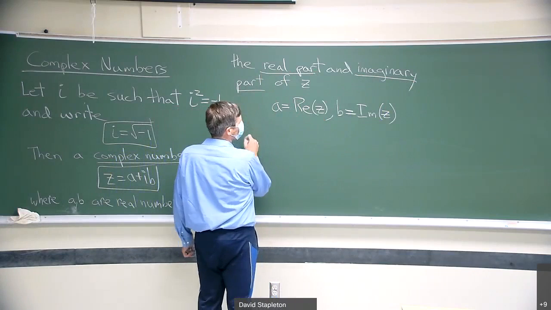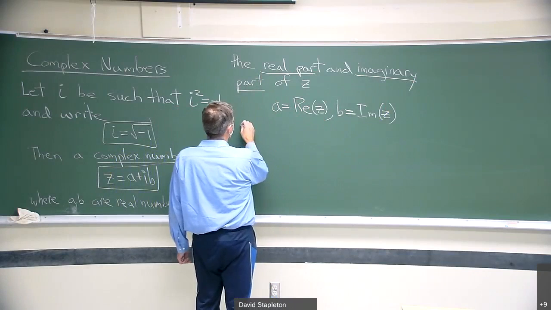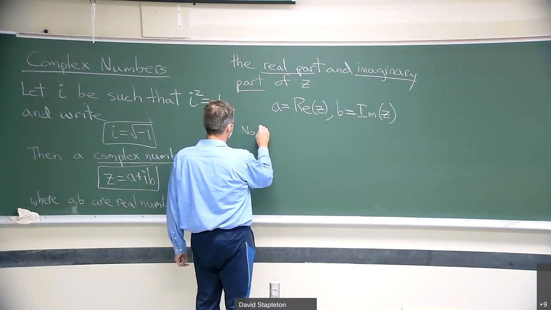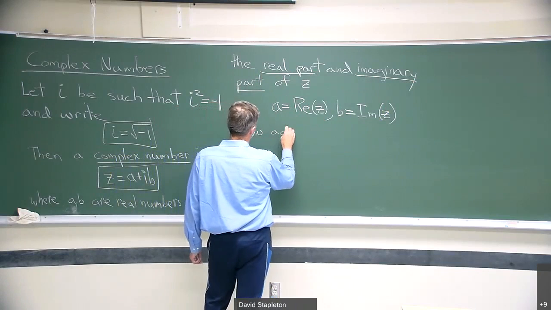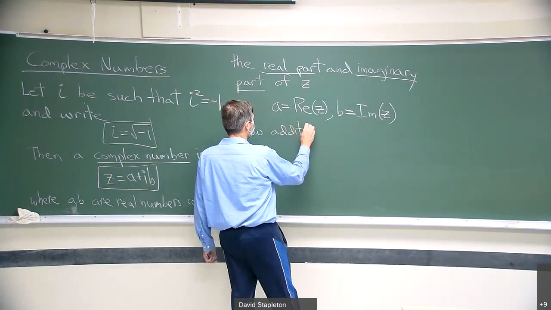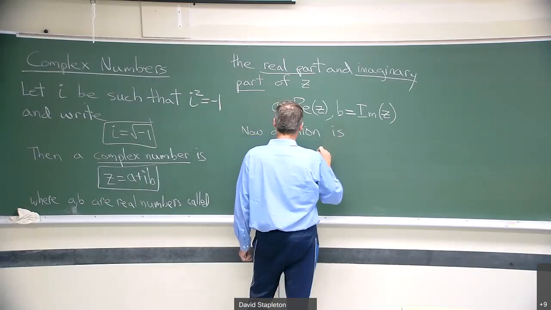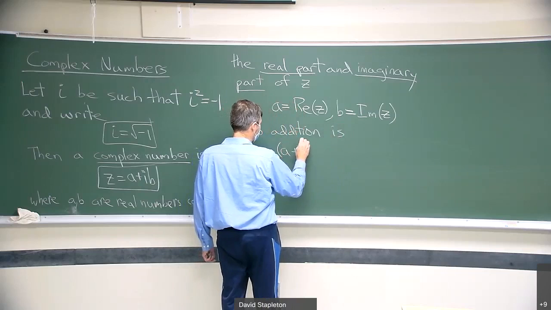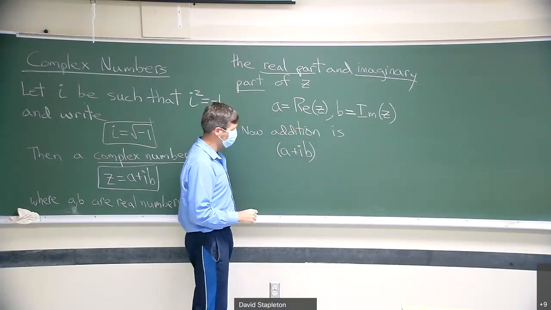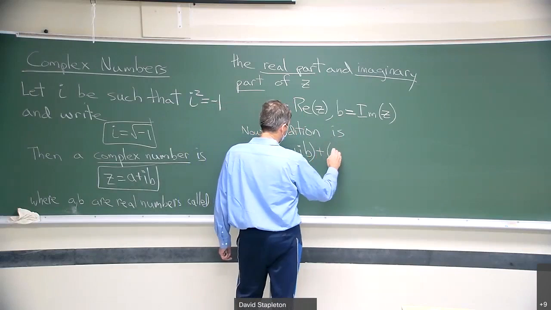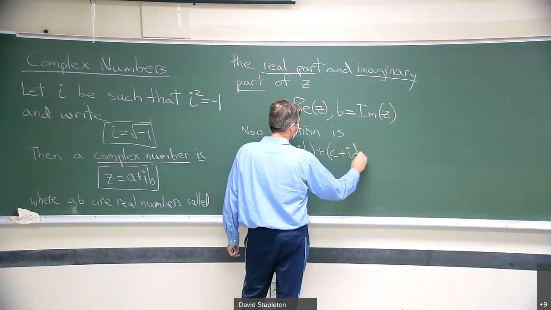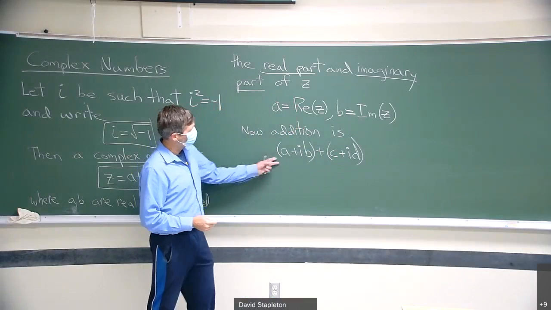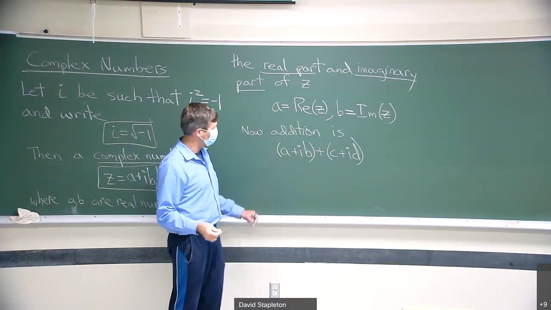Now we can do arithmetic with these. The addition of complex numbers is defined by, if I take a number a plus ib, here's a complex number, and I add it to another complex number, c plus id, I want it to follow the same kind of laws that I've grown to know and love from algebra, where you can add in any order and you can distribute and all that sort of thing.